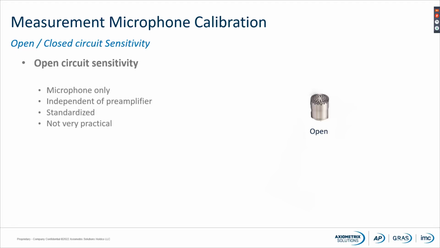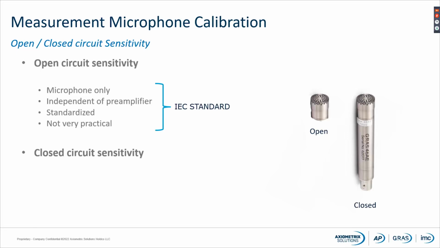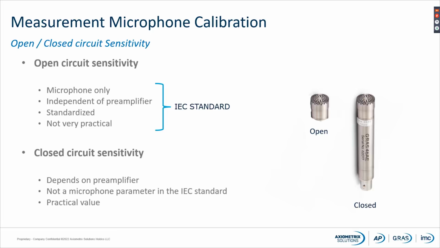But it's not a very practical value, because you as user have to compensate and calculate every time you mount a microphone on a preamplifier. But it's part of the IEC standard. The closed circuit sensitivity depends on the preamplifier. It's not a microphone parameter according to the IEC standard, but it's a very practical value, because it's the value indicating what you have on the output with a certain input on your diaphragm.